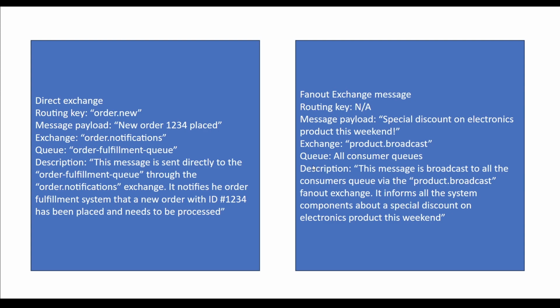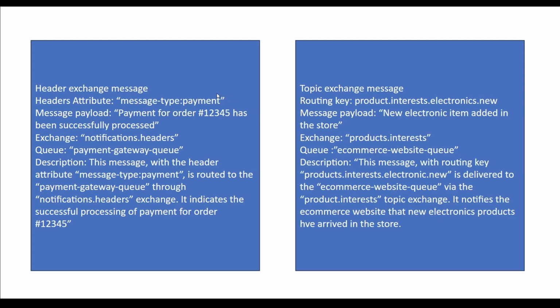It will be sending the message to all the queues. Then we'll be passing the header exchange message, where we'll be adding the header attribute message type as payment. For the topic exchange we'll be doing the same thing.